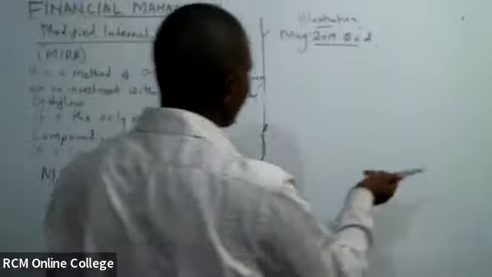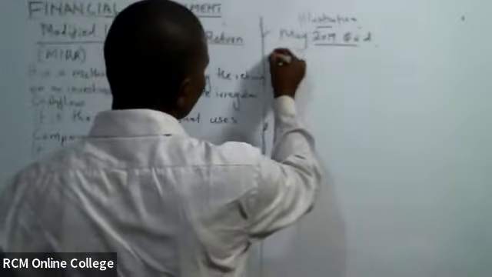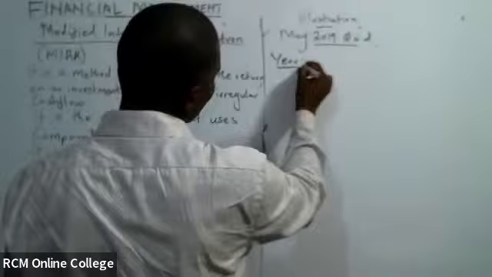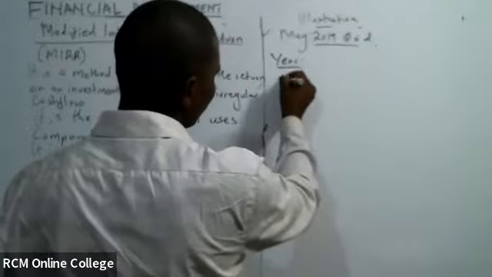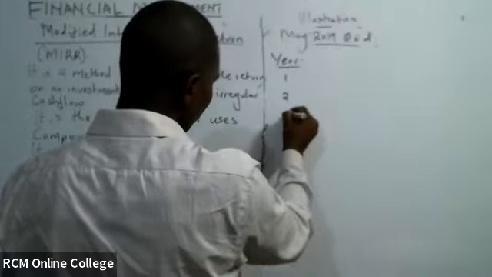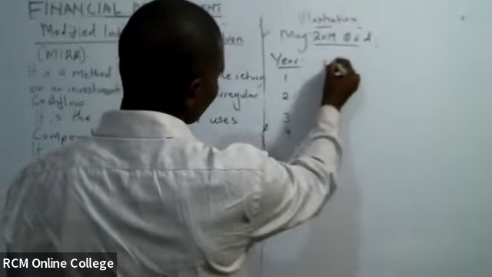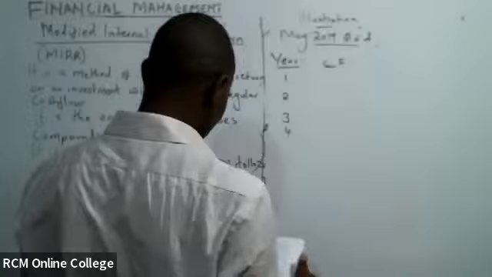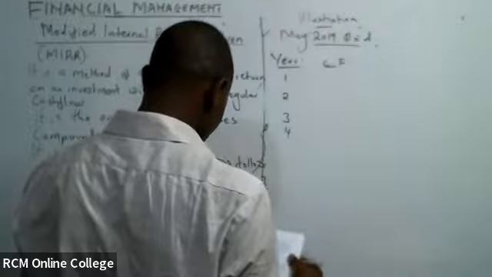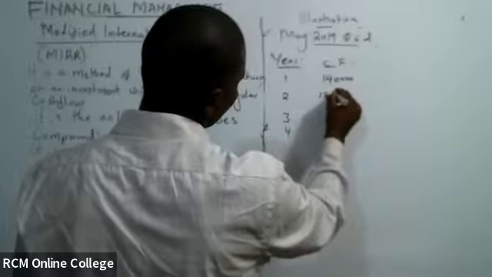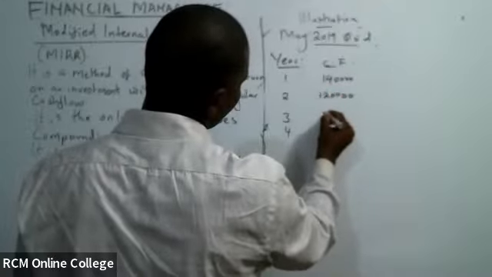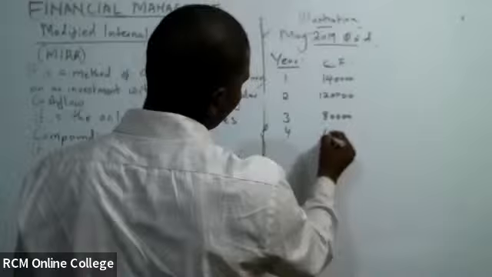To solve this, we compound the cash flows. Who can remind us the compounding formula for irregular cash flows? We have 140, 120, 80, and 60.